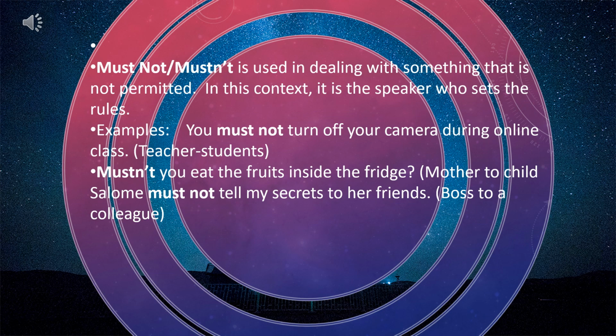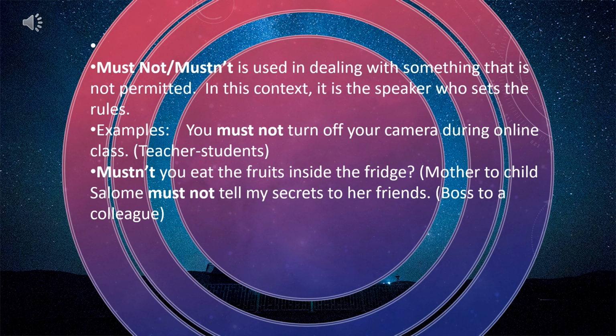Okay? If you are the one who's going to tell your classmate, you must not copy my answer. Okay? So meaning to say, it's you who is imposing or prohibiting your classmate to copy your answer. But if we are going to say, you can't copy my answer according to the student's handbook, resolution number, like that.